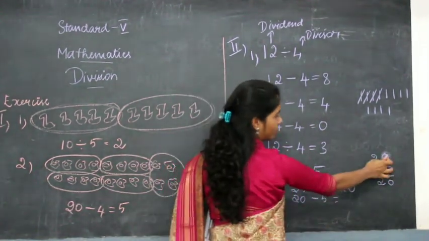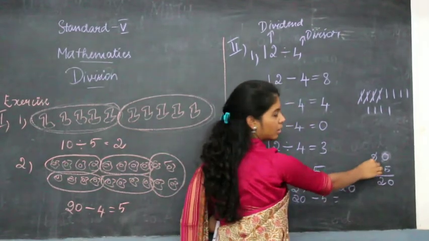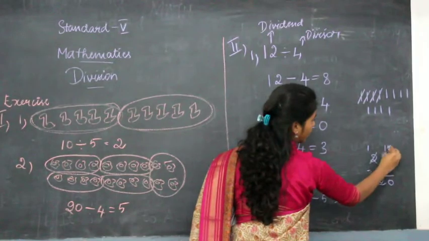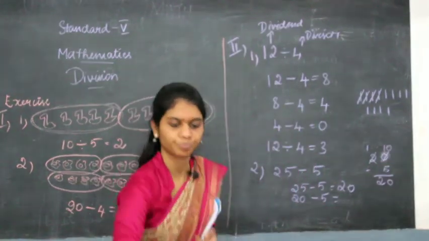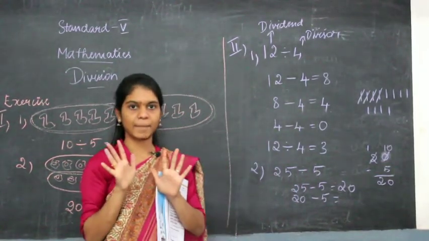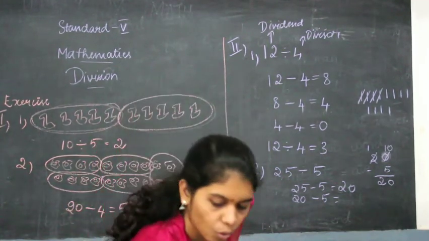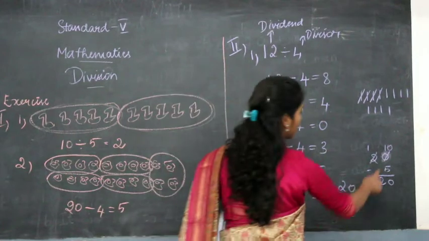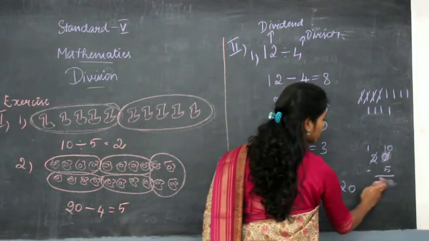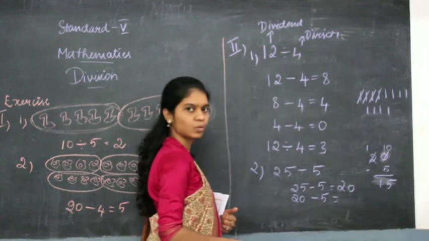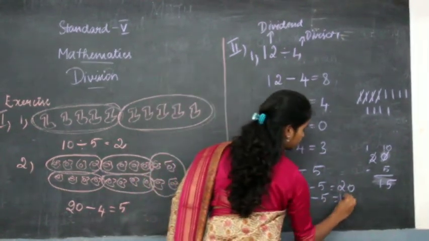Now 20 minus 5. Here you have 0, so you will borrow from 2, you get 1 and 10. 10 minus 5 is 5, and you have 1 remaining, which makes 15.